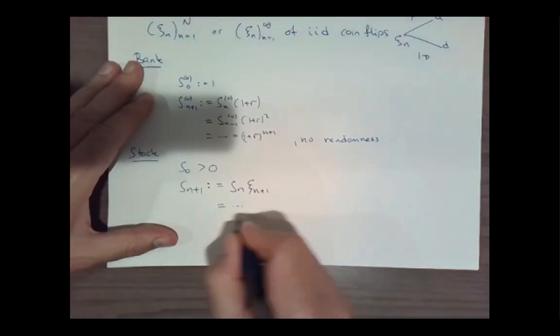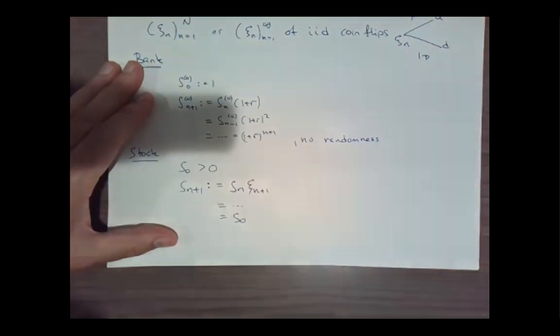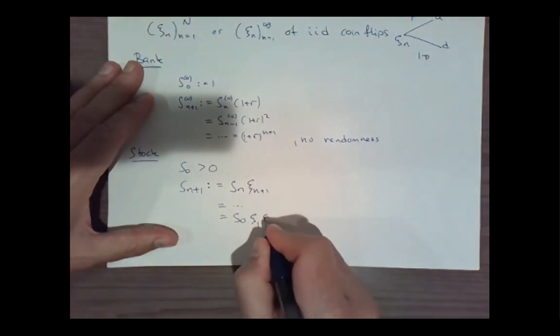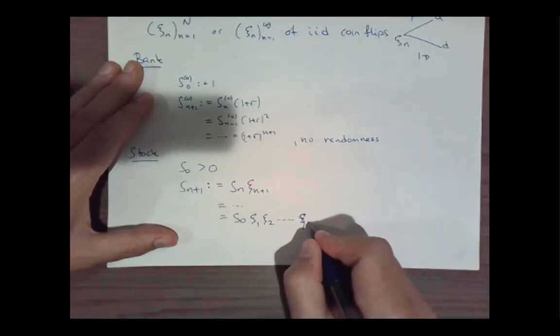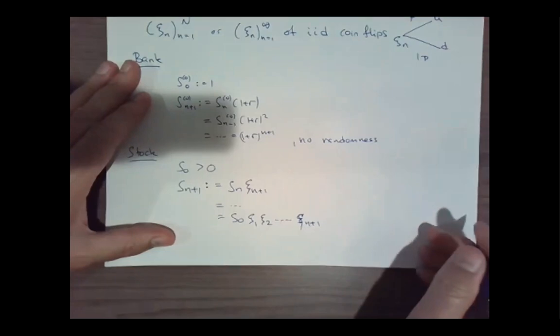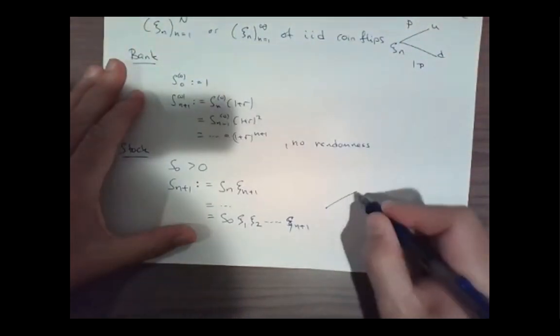You'll end up with S0 times psi 1, psi 2, up to psi n plus 1. So the stock price at time n plus 1 is going to be the product of all these coin flips that are coming out.